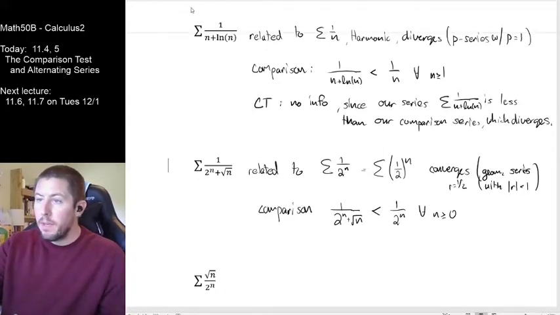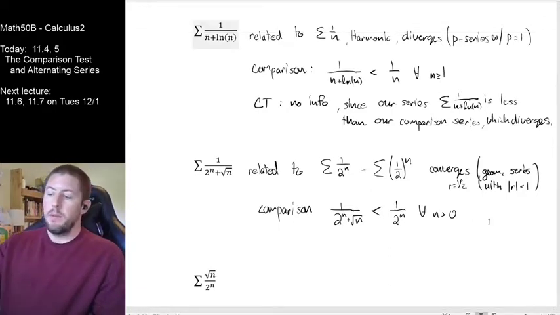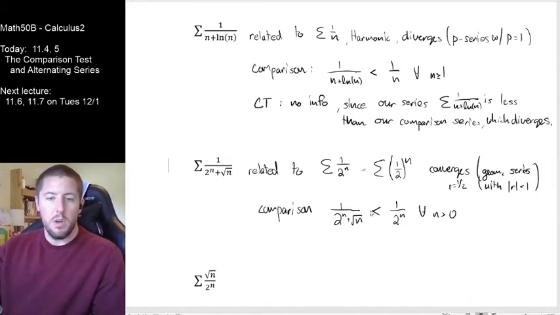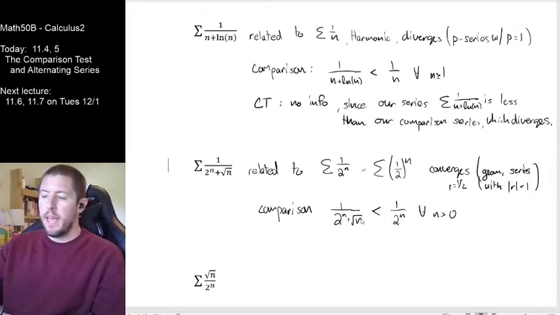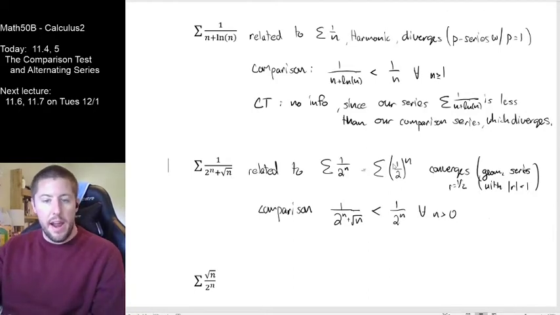If I'm being totally accurate, it's just greater than 0, but that's okay because we start at 1 anyway, so that doesn't matter to me. Because the denominators of each of the terms here are larger than each of the denominator terms there, these overall terms are going to be smaller than those overall terms. So anywhere that I go in these two comparison series, it's always going to be the case that we're adding up even less stuff in the 1 over 2 to the n plus root n series than we were adding up here.